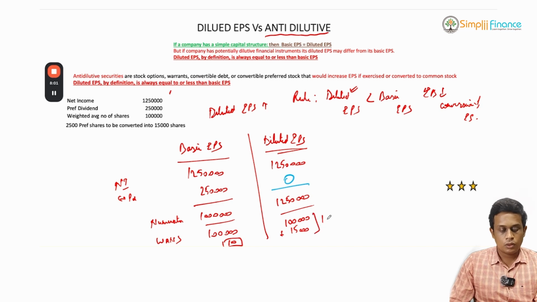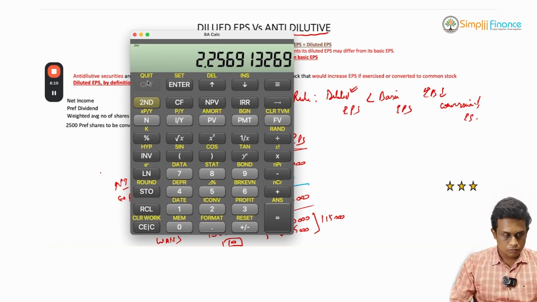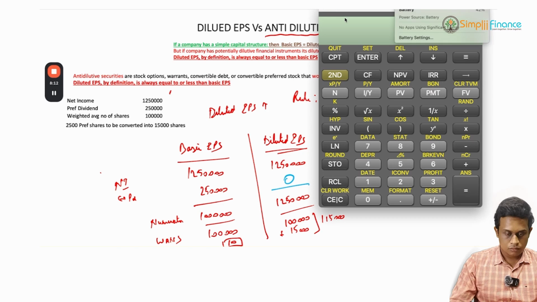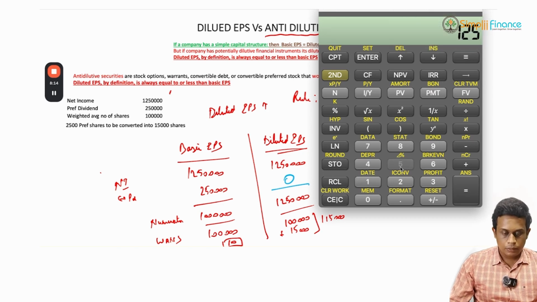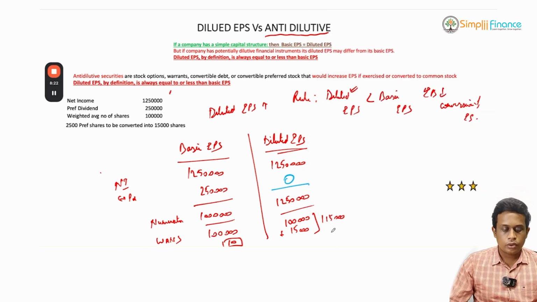So let's find the diluted EPS. Here the diluted EPS becomes 10.86.